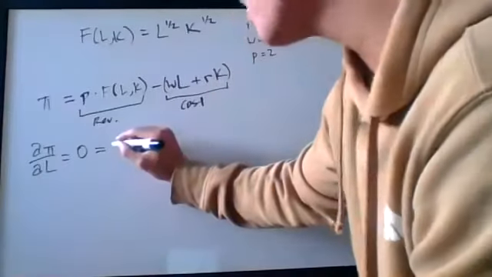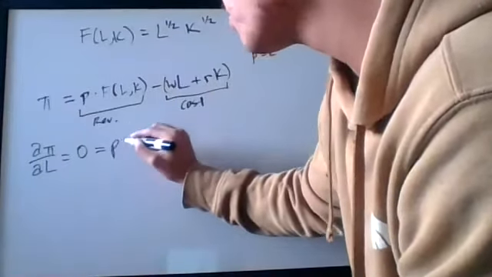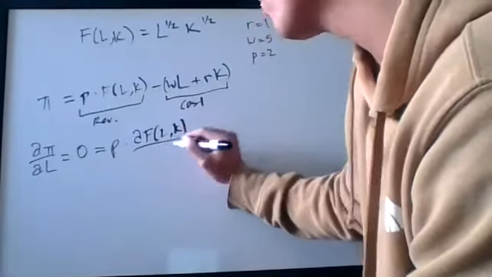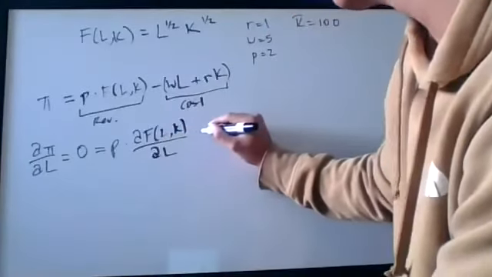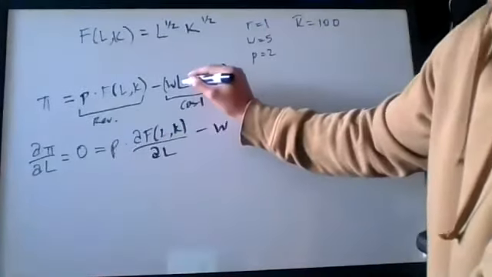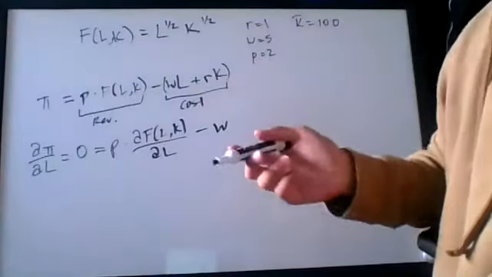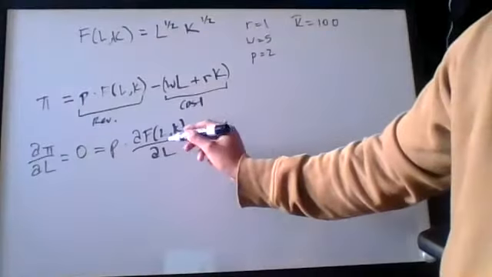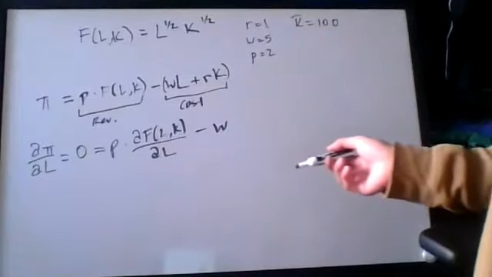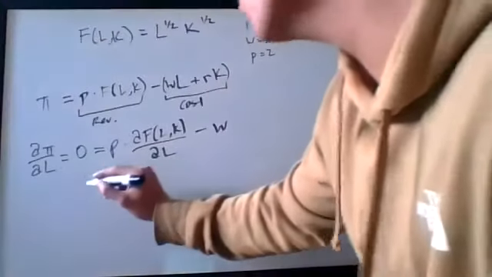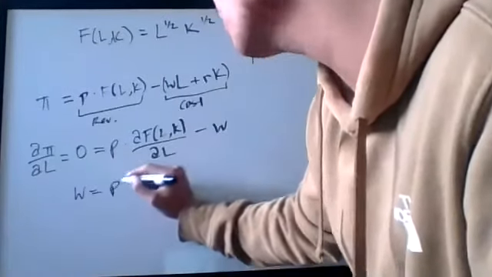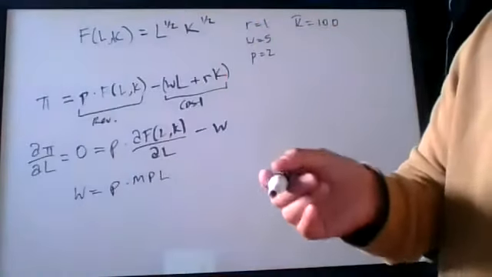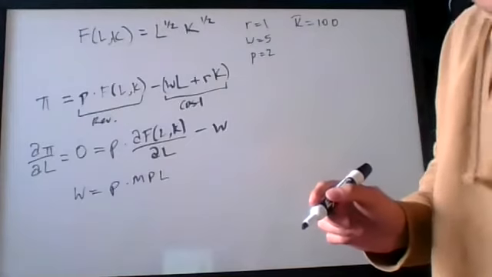So this is P times the derivative of F(L, K) with respect to L, and then minus W, since L is just reduced down to 1. This is the marginal product of labor, by the way. So we have that W is equal to P times MPL. This is like the first order condition that you guys have seen so far in class.